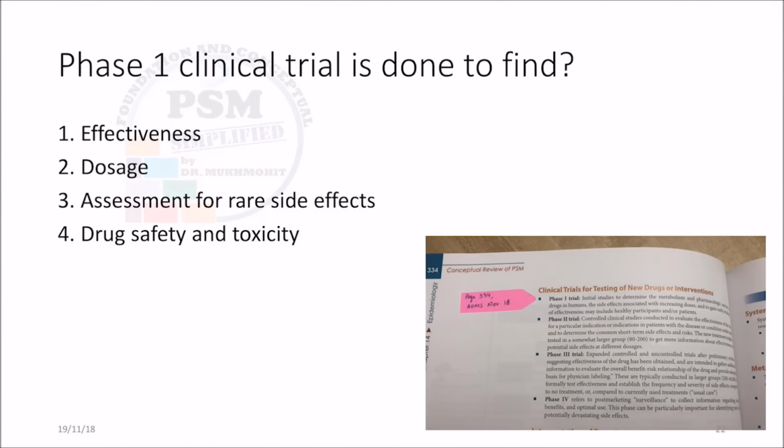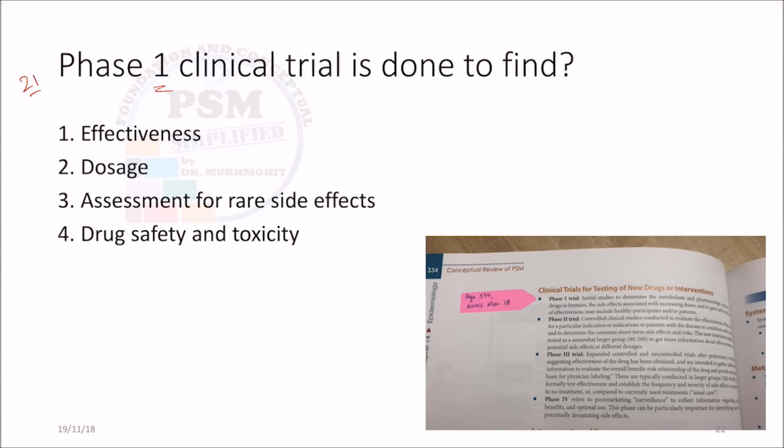Next, we would like to come to question number 21. Phase 1 clinical trial is done to find the effectiveness, dosage, assessment of rare side effects, and drug safety and toxicity. See, in phase 1, this is the kind of question which has different answers if you go with the options. So I'm not very sure with the options.